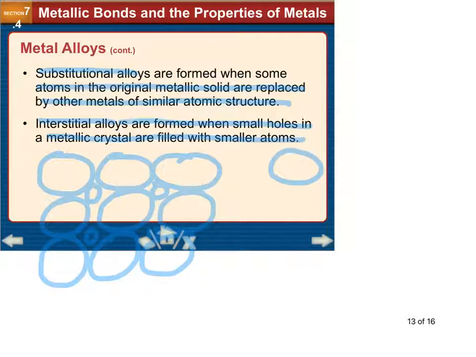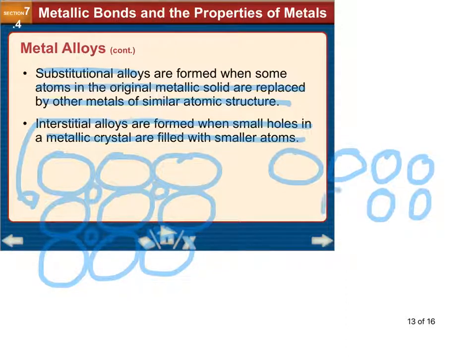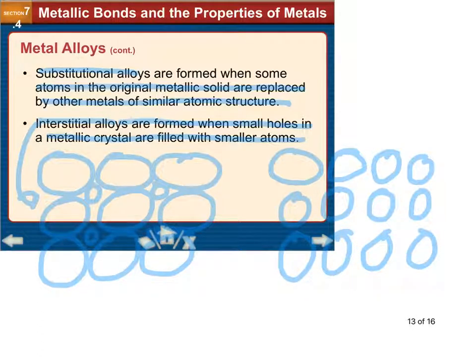So this one's interstitial, and this one's substitutional. Again, we've got the same arrangement, but in a substitutional alloy, something comes in and replaces some of these with something of similar size. So this one might be replaced by a different one. We get some different attractions going on, changing the properties.